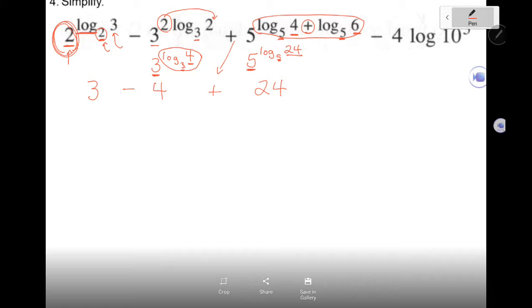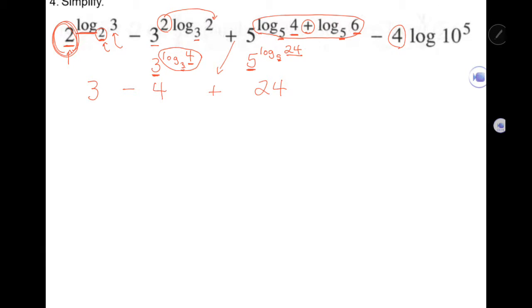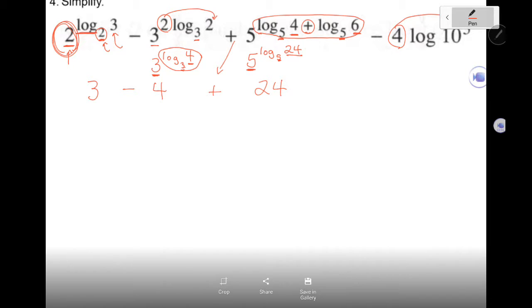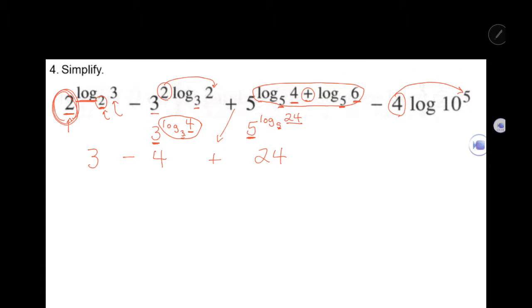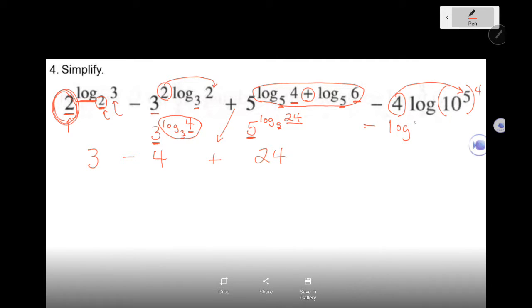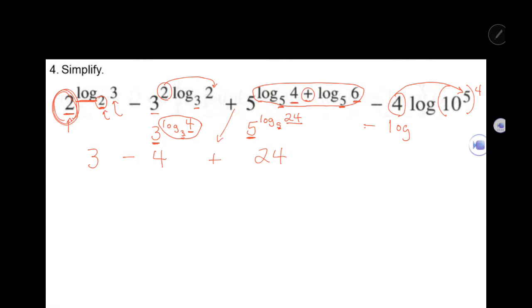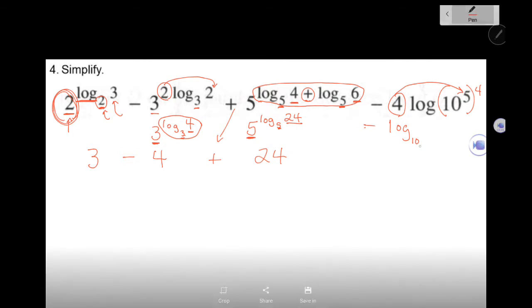Okay, last situation here. There's a 4 out here, so I'm going to raise my desired result to the 4. That's going to interfere here. I'm going to raise this to the 4th, so I now have minus the log of, and this is the only time I get to multiply my exponents, so I'm going to say the log, and you know that if I don't write the base, I mean 10, so let me go ahead and write 10 anyway.